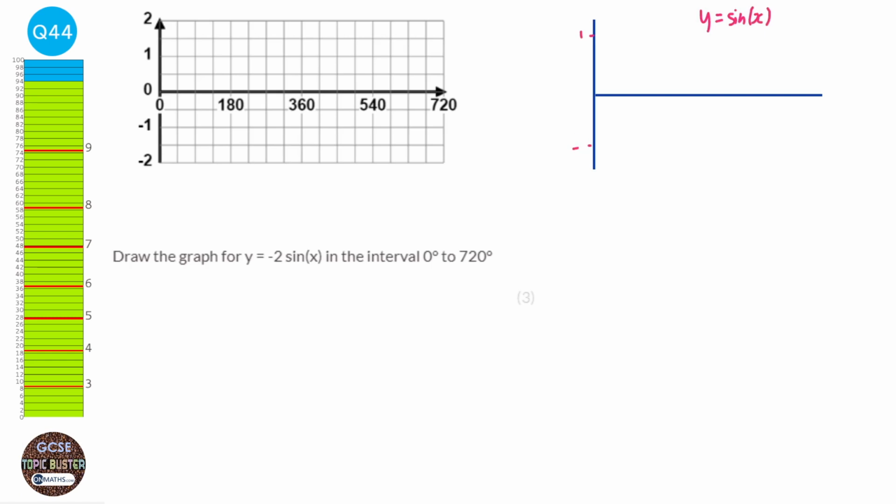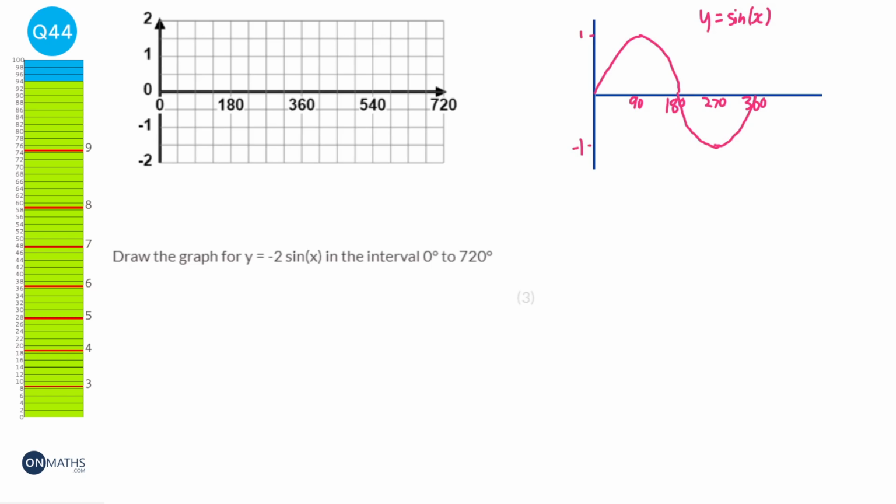If I write a minus 1, it goes up first of all at 90, goes back down at 180, down to minus 1 at 270, and then back up at 360. So it's just a simple sketch to help us figure out what's going on with the transformed one.